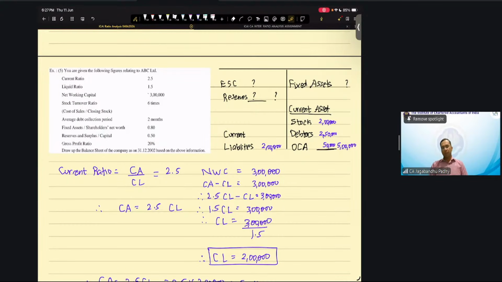Here we don't know two items together, one asset and one liability. But the best part is we know the rule that total assets should be equal to total liabilities. So let's simply use that rule to help us with this fixed asset to shareholders net worth.